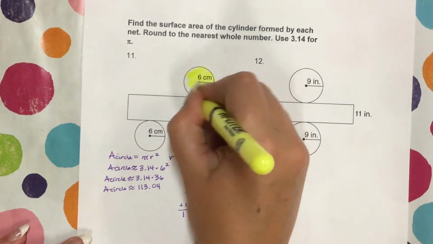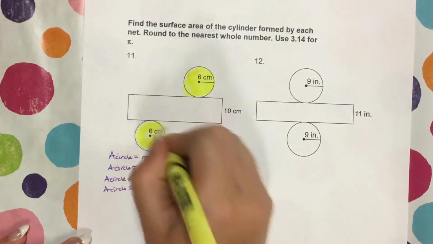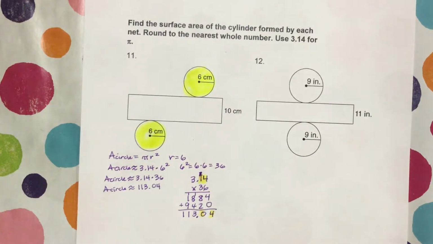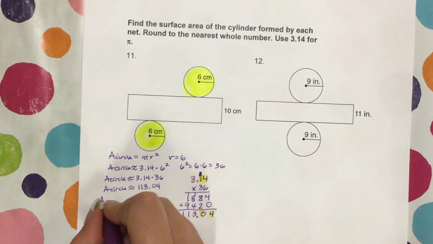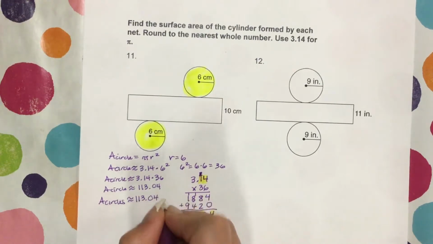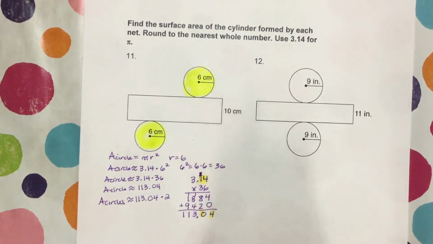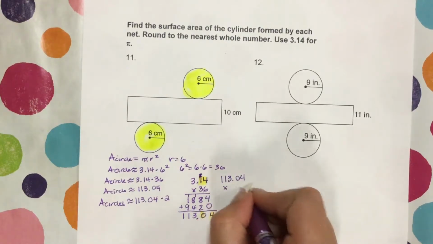But we know that the area of both circles is exactly the same. So if I want to find the area of both circles, I just need to multiply 113.04 times 2. So the area of the circles is going to be 113.04 times 2.